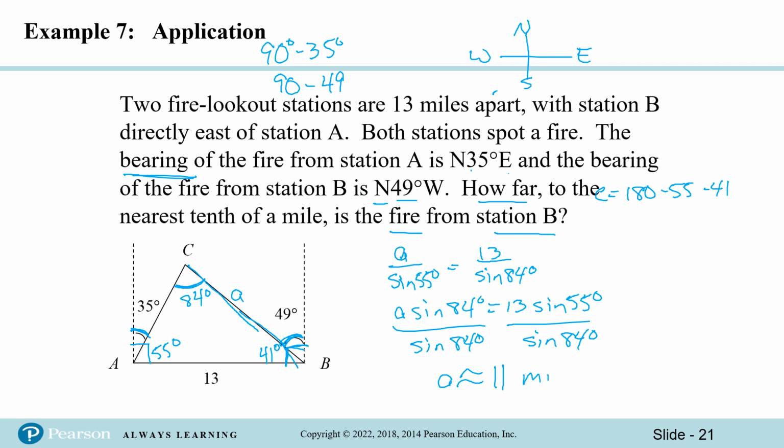It said to the nearest tenth, but I didn't write down to the nearest tenth. So we're just going to have to go with 11 miles.